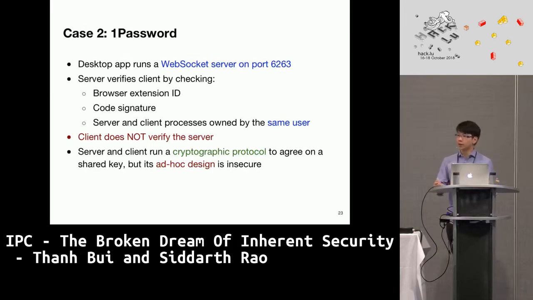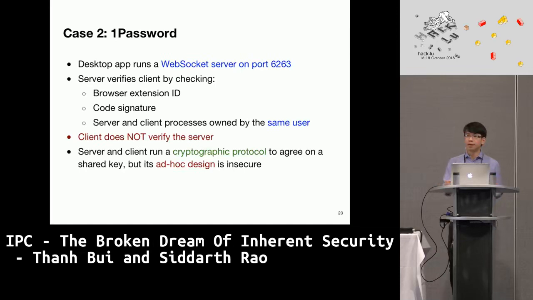When the server gets a connection, it verifies the client very carefully. It checks the browser extension ID in the HTTP header. It checks the code signing signature of the client process to make sure that it is a known browser. And most importantly, the server checks whether the server and the client process are owned by the same user. So with these checks, we couldn't perform client impersonation on 1Password.